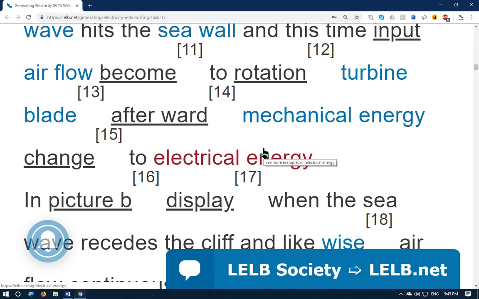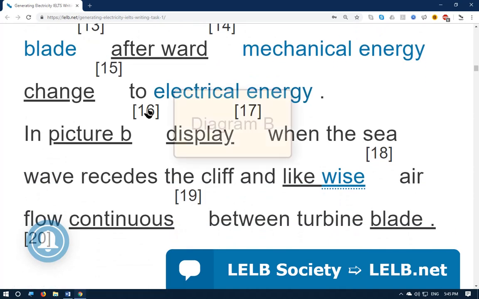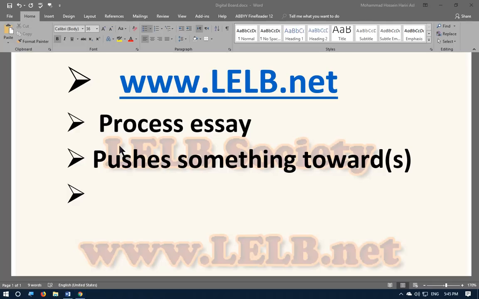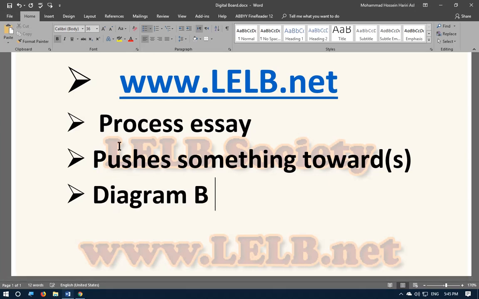In picture B, it's diagram B, display. So where is the subject of display? So it is displayed, or you can say diagram B displays, okay.